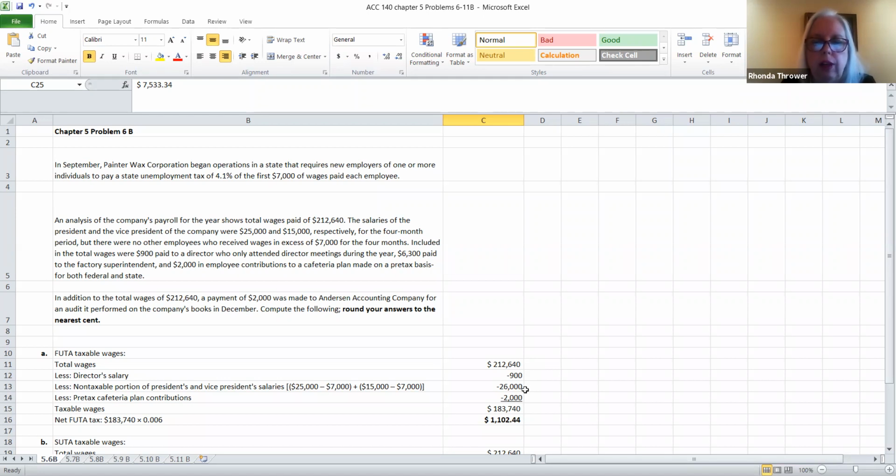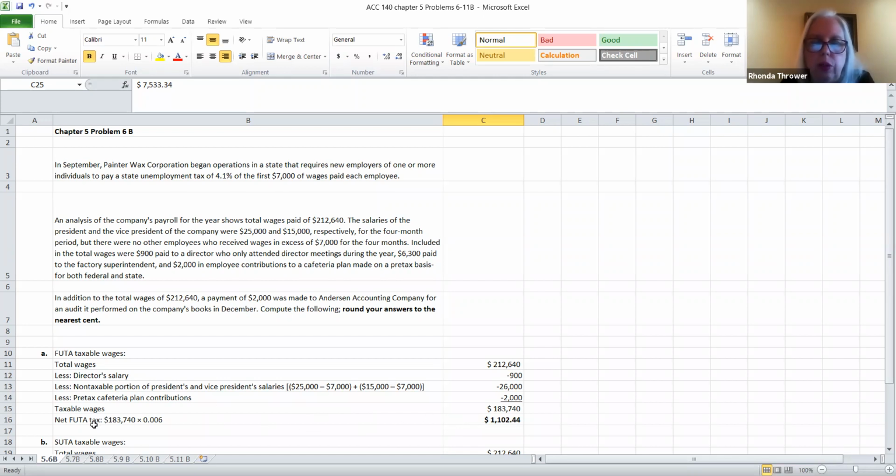We're going to subtract out the $26,000 that is not subject to tax for the president and the vice president. And we're going to subtract out the cafeteria plan that was included in those salaries. So the remainder is the taxable wages. And we're going to calculate FUTA tax first on these taxable wages.